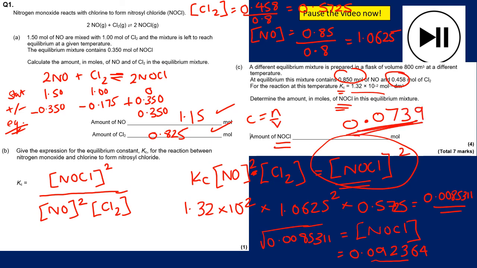There's an awful lot of working out to get to that value there. I've used 3 significant figures because that's the minimum amount in the question. Kc is 3 significant. The moles of those two are 3 significant. So there's an awful lot of working out for those 4 marks. Well done if you got that right.